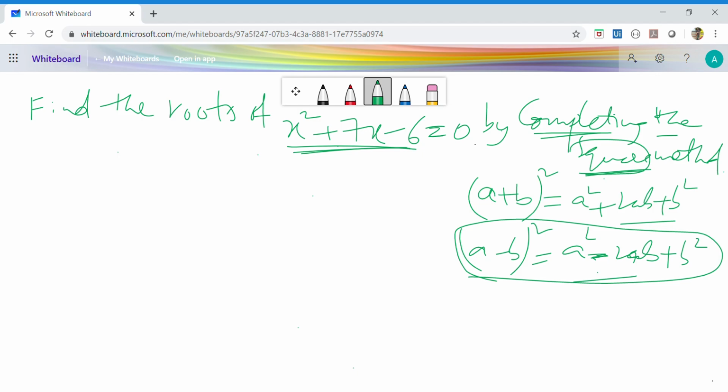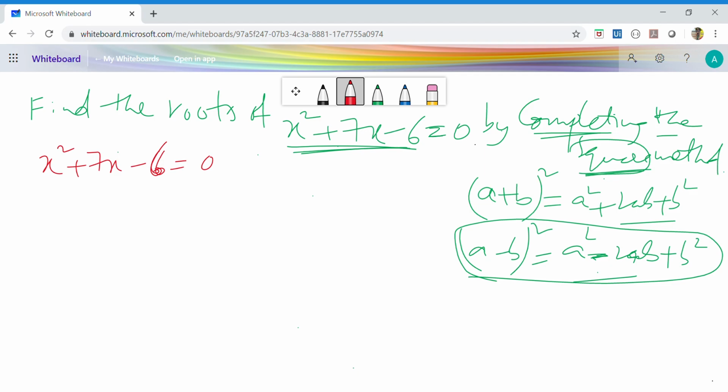This is a monic quadratic polynomial. Monic means the x square coefficient is 1, so here there is no need to multiply or divide with any number.